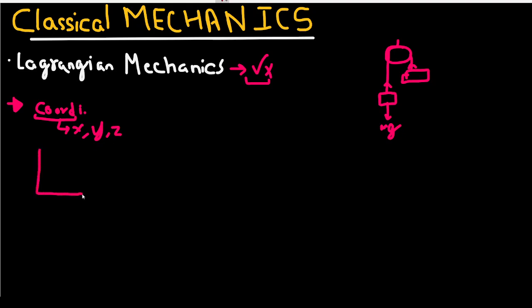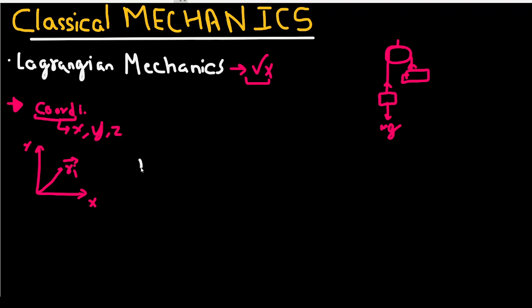Let's say I have drawn a coordinate system here to understand it easily. Suppose the particle is here. We describe it by a position vector, r_i, let's say. This is the x-axis and this is the y-axis. Generally we use this to govern the motion, where the position vector can be anything.